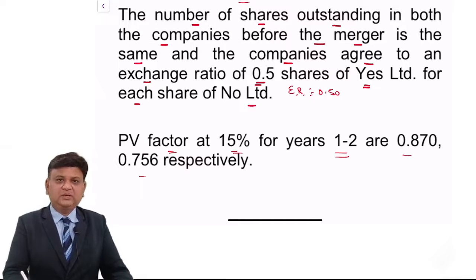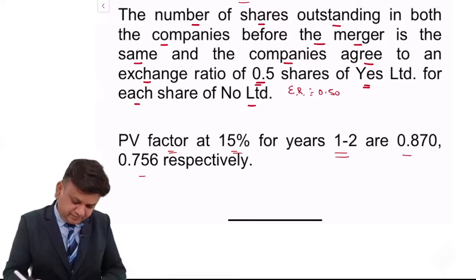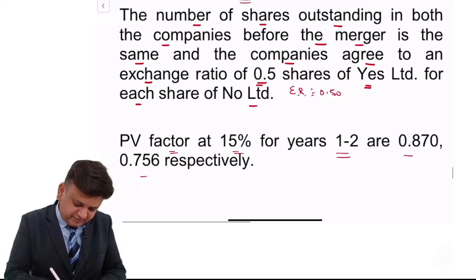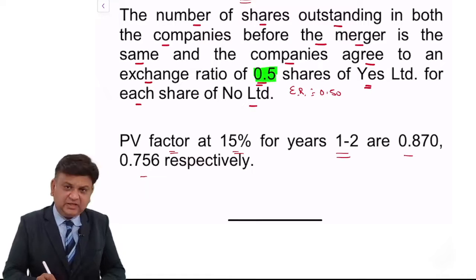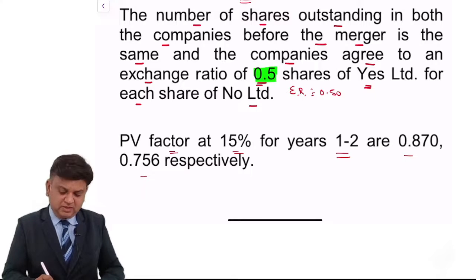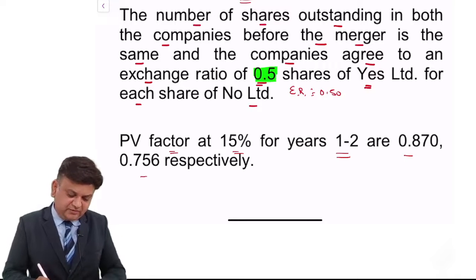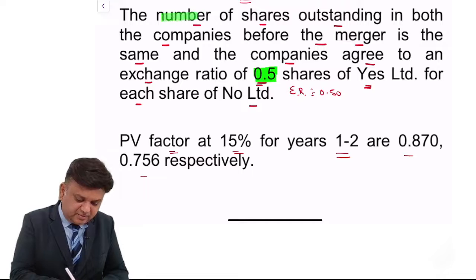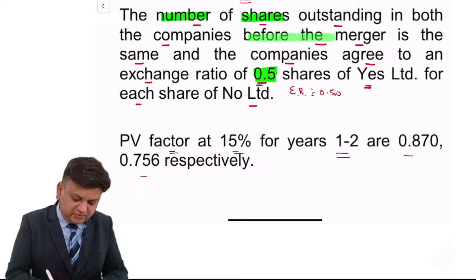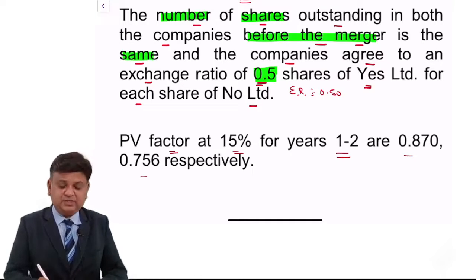Now friends, over here the question says that the exchange ratio is 0.5. The question is further providing the information that the number of shares outstanding for both the companies before the merger is the same.